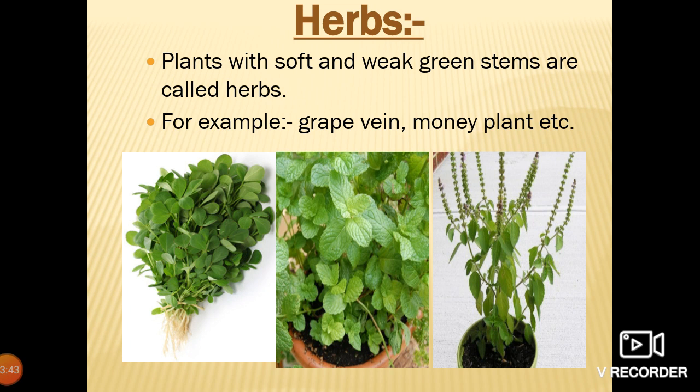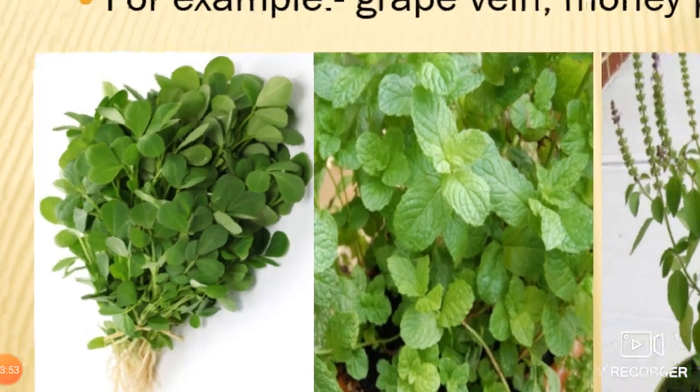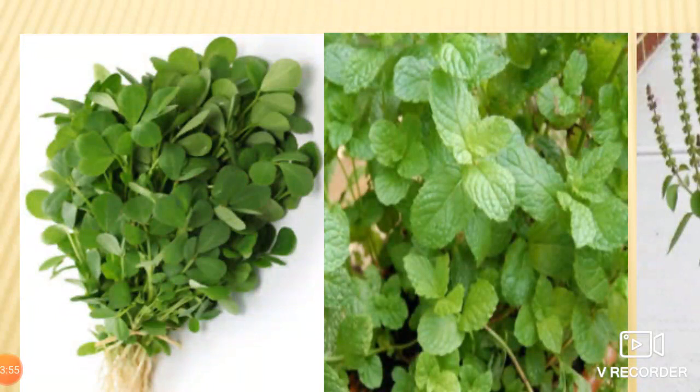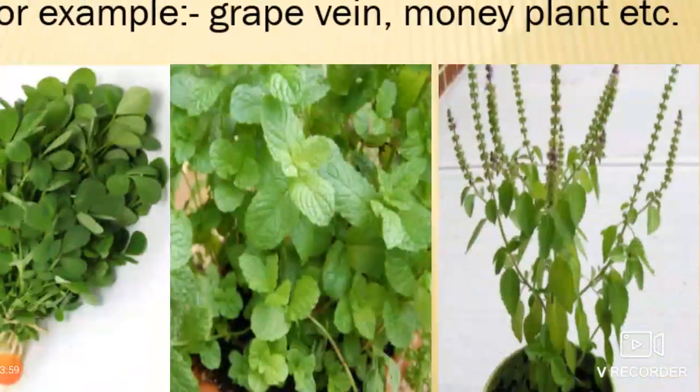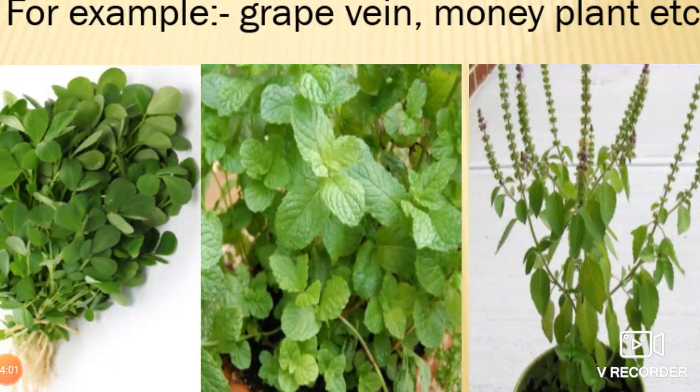They can stand erect on the ground. They are seasonal plants. Seasonal plants means they grow in a particular season, like this green vegetable grows during winter season. This mint mostly grows during rainy season.